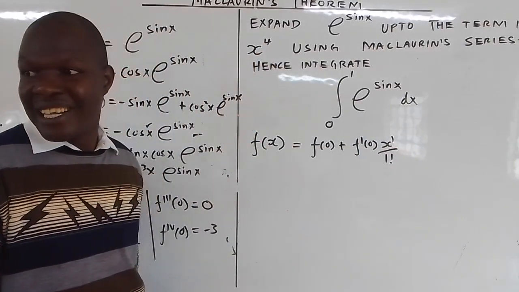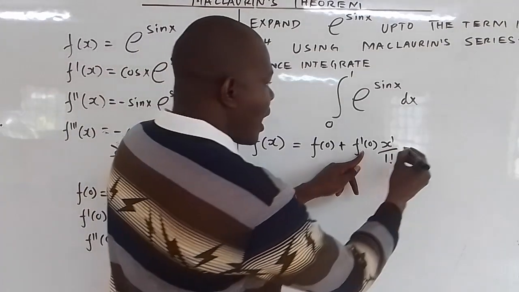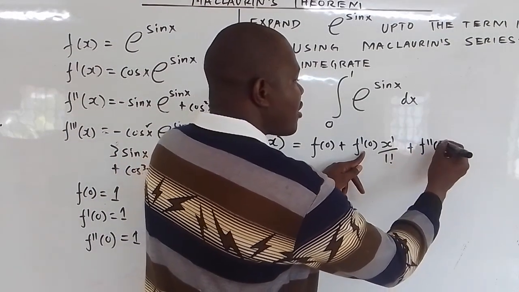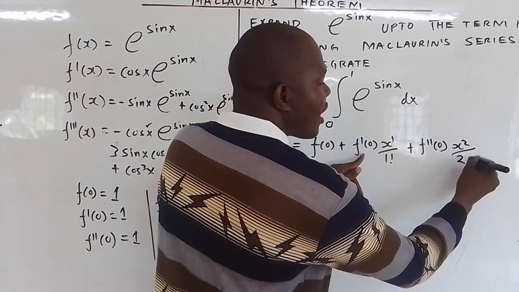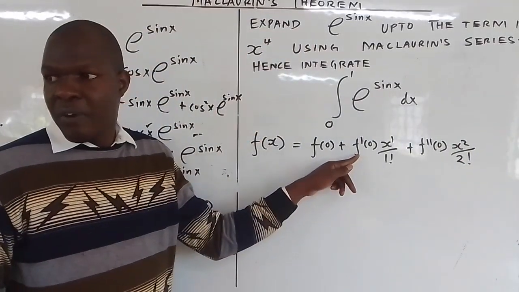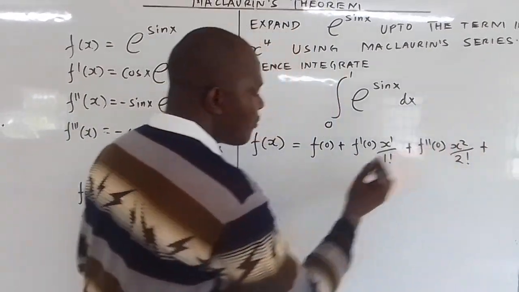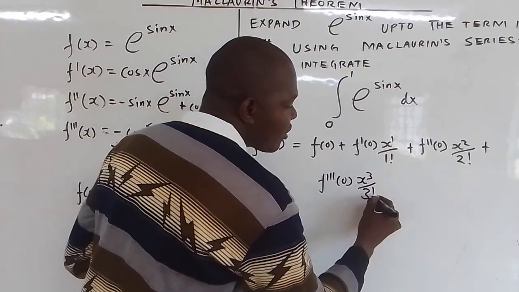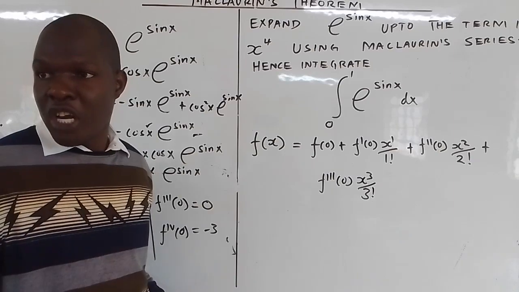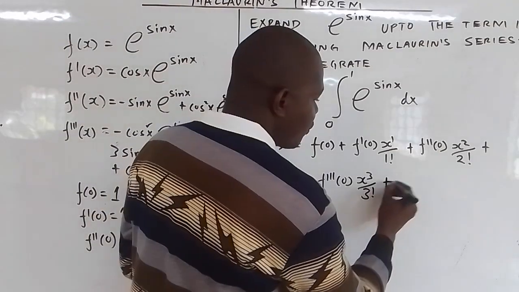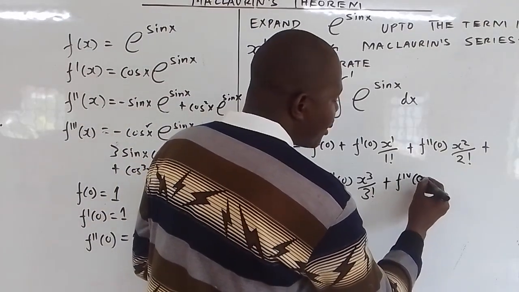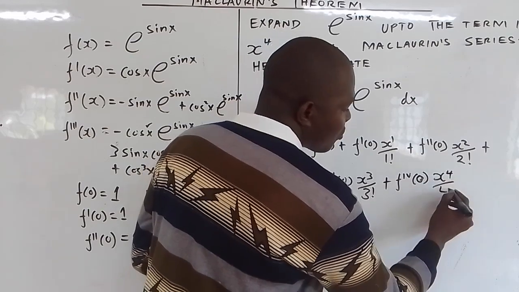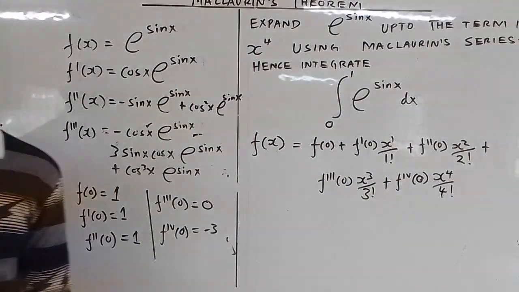Then the next one, f double prime of 0, for the second derivative, we are going to have x squared over 2 factorial. Then plus the third derivative, x raised to power 3 over 3 factorial. Then plus the fourth derivative, x raised to power 4 over 4 factorial.